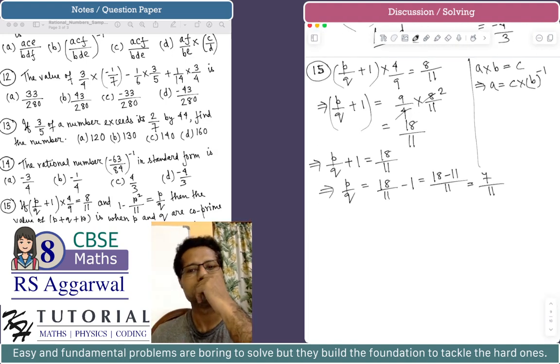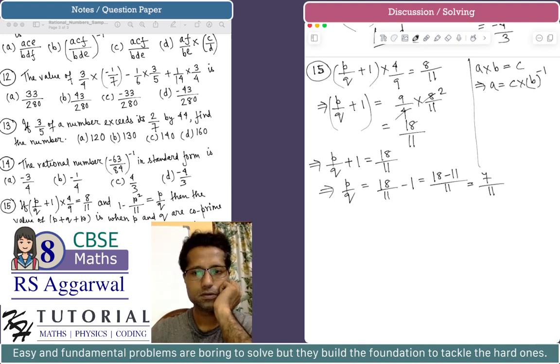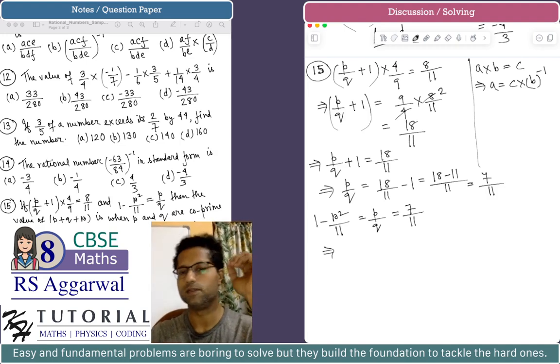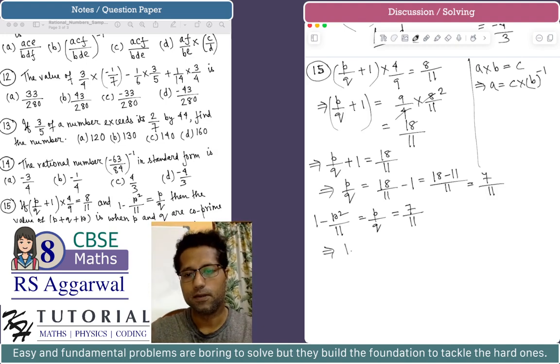Okay, so P by Q is equal to 7 by 11, and the second equation given was 1 minus R square by 11 is equal to P by Q, which we have already found to be 7 by 11. So this implies that if I take R square by 11 on the right hand side and bring all the constants to the left hand side, I get 1 minus 7 by 11 is equal to R square by 11.